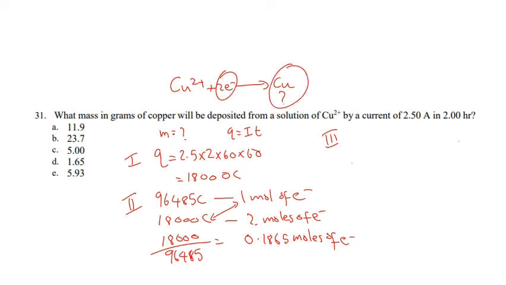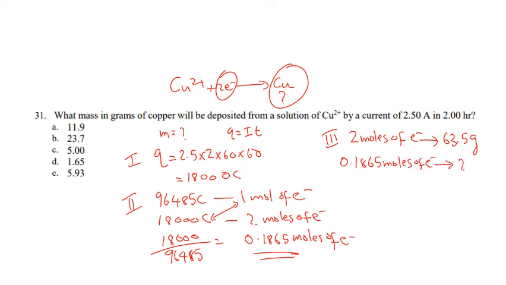Okay, and the third step is I know from the equation 2 moles of electrons gives me 1 mole of copper. So what's the molar mass of copper? I will see from the periodic table. So 2 moles of electrons will give me the molar mass of copper, 63.5 grams. Okay, so I have 0.1865 moles of electrons. How many grams will be produced?